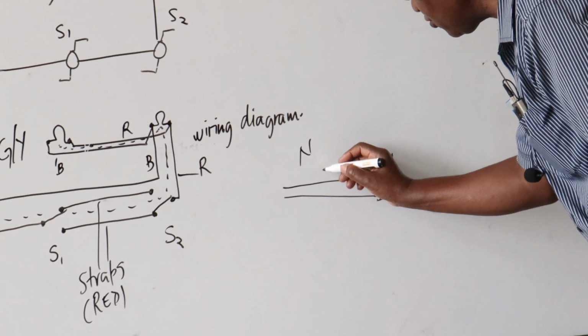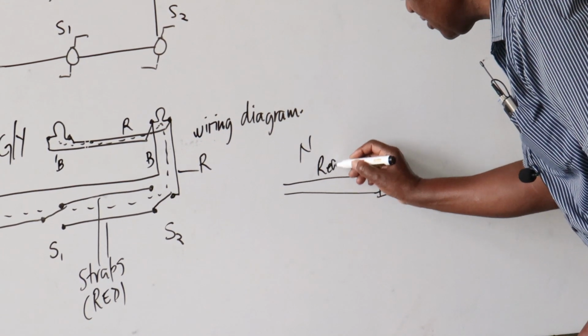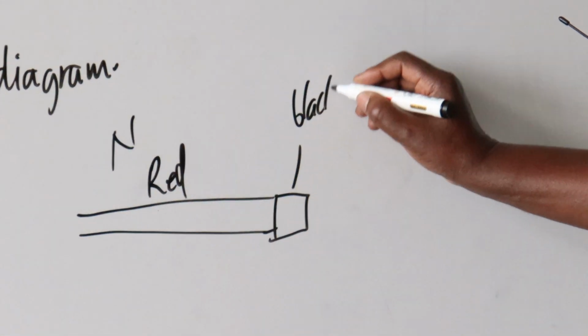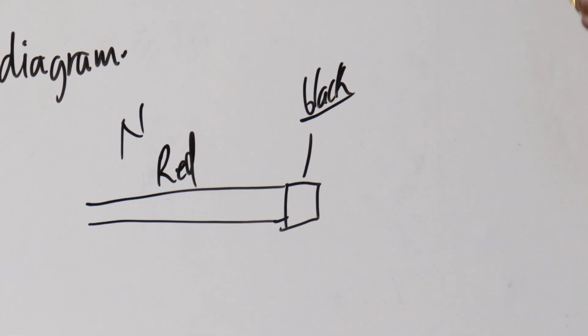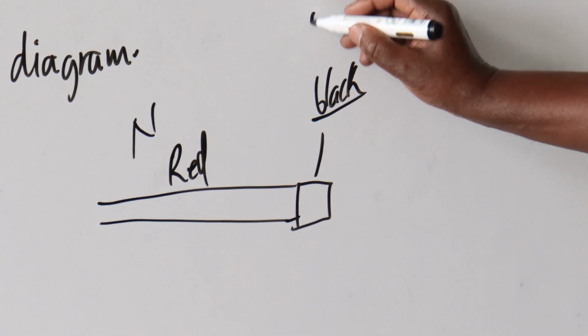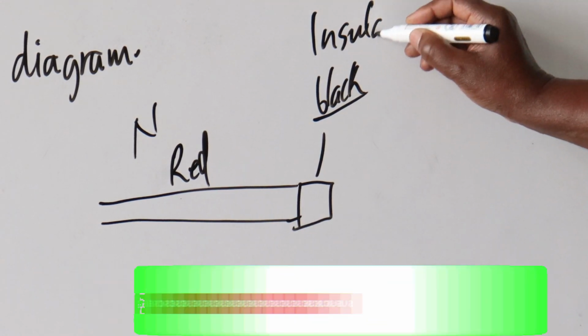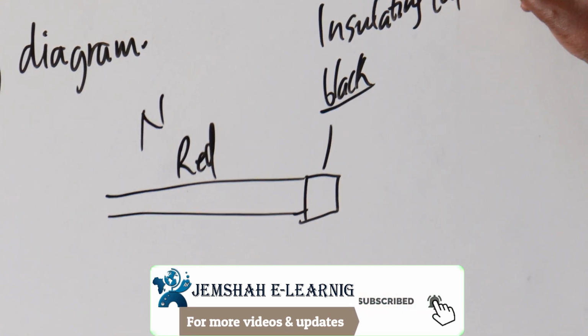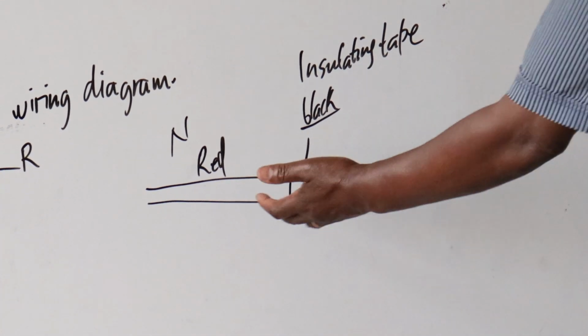In case this is a neutral and this one is red here, you put in the insulating tape, which is black, indicating it should be black.